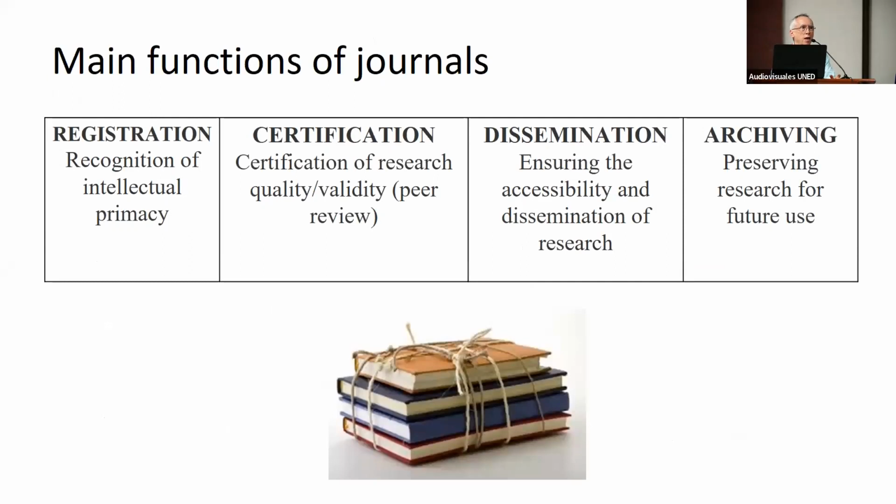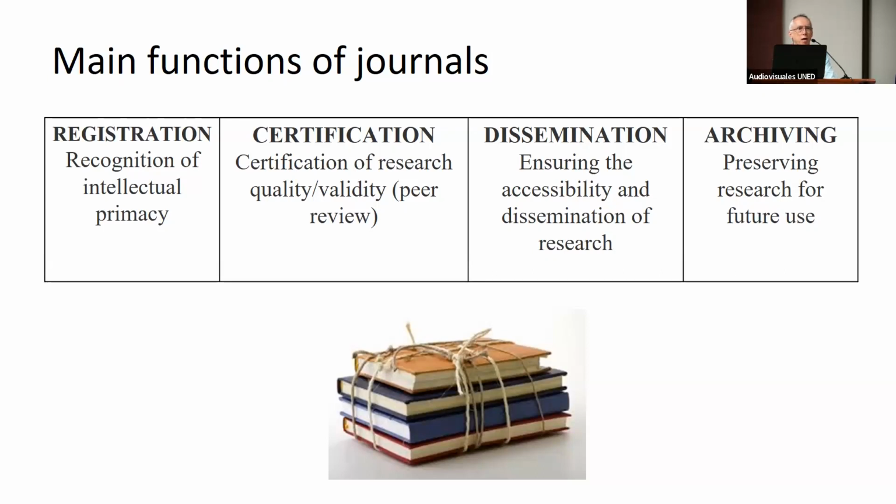In the scholarly communication system and in journals, it is almost universally agreed that there are 4 main functions of journals. One is registration: I have produced this result and I want to register my intellectual primacy on doing that. The other is certification: this is a solid scientific result according to the best standards of the community, and this is done through peer review.